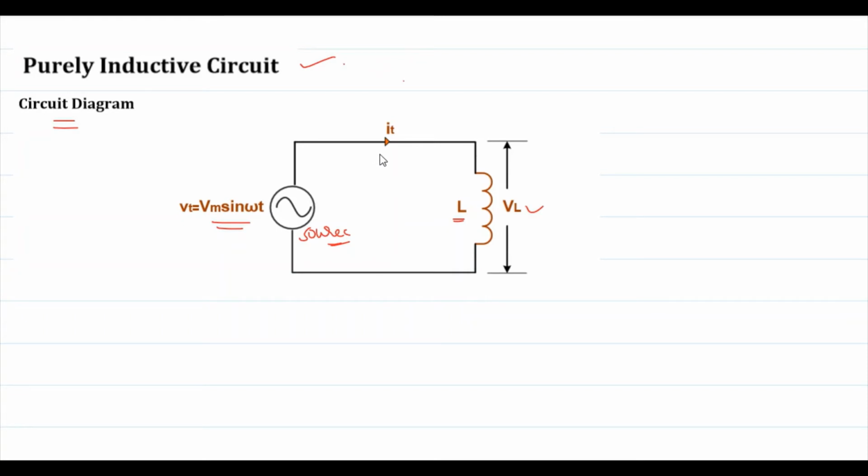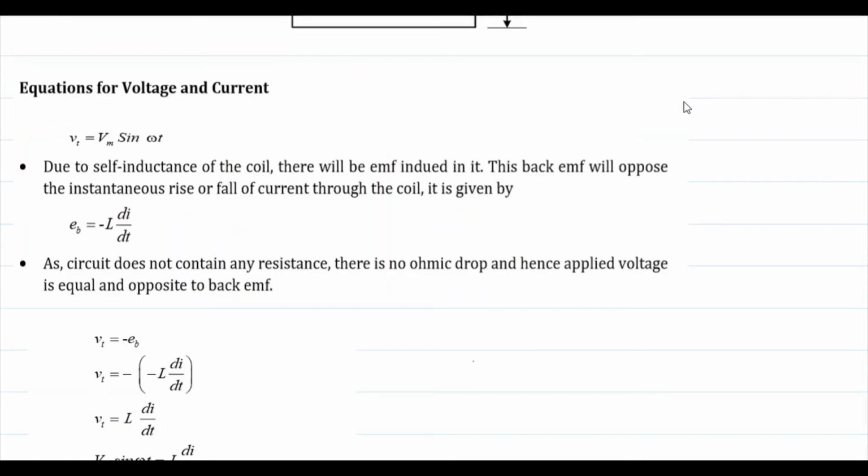Then the current flowing in this circuit when the voltage is applied is called the instantaneous current, that is i(t), by applying Kirchhoff's law throughout this complete circuit. If you look at the equation of this purely inductive circuit, as we have applied the voltage v(t) equal to Vm sin omega t, due to the self-inductance of the coil, an EMF will be induced in it.